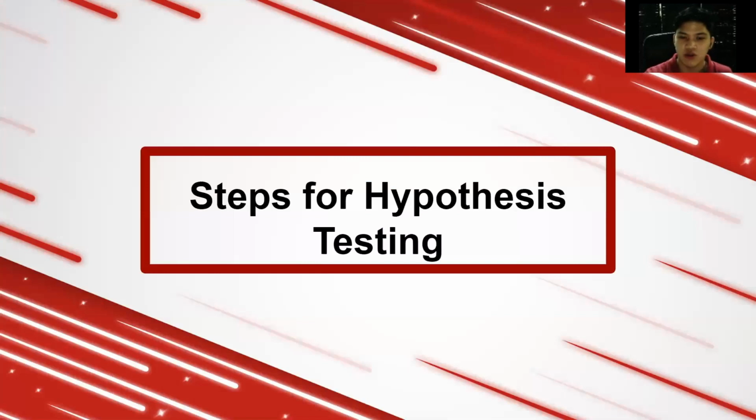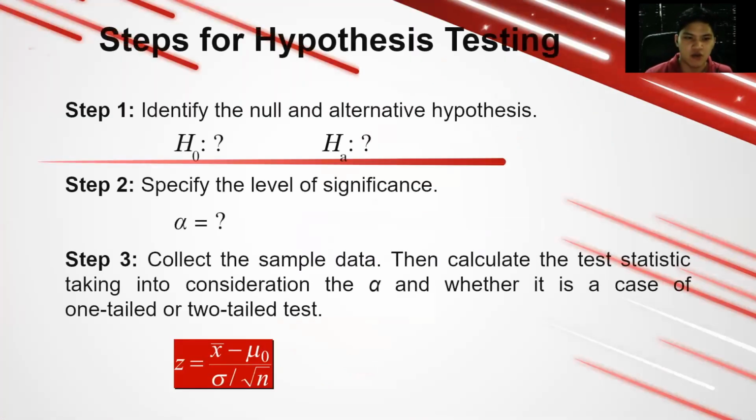We can move on to the last part of our segment, which is the steps for hypothesis testing. There are only a few steps, so I think it'll be easy to take note of these. I'll try to make it as brief as possible so that you could understand. The first step is to identify the null and alternative hypothesis. As mentioned a while ago, it takes practice.